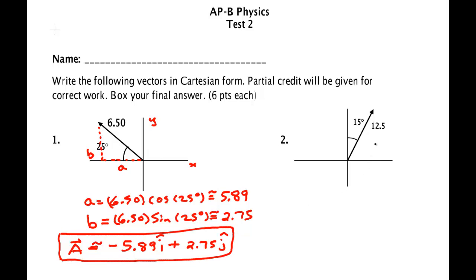Problem number 2. This time, again, we have an A and a B. I'll call this A, I'll call this B. This is X, this is Y. For A, I'm looking at 12.5, but this time when I look for the trig function, I'm looking for the opposite side. So that means I should use the sine function.